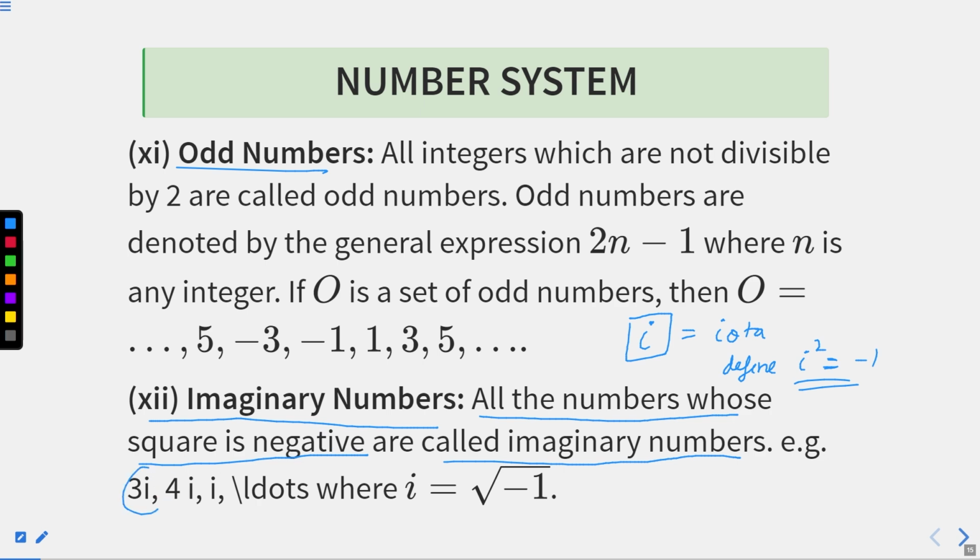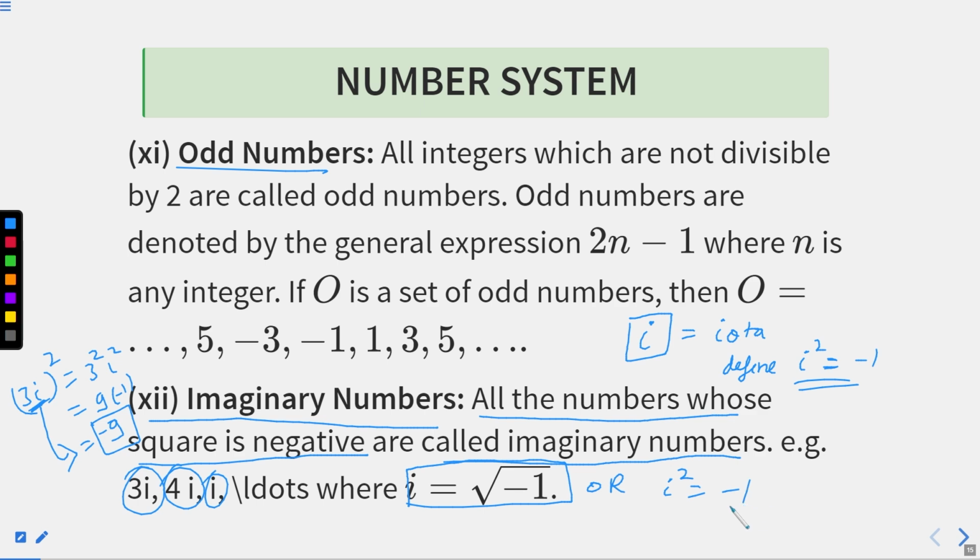So 3i squared is 3 square times i square, and we know 3 square is 9, i square is minus 1, so minus 9. The square of the number is a negative number, so it is an imaginary number. Same with 4i, etc. Here we already defined i is equal to root minus 1, or i square is equal to minus 1.